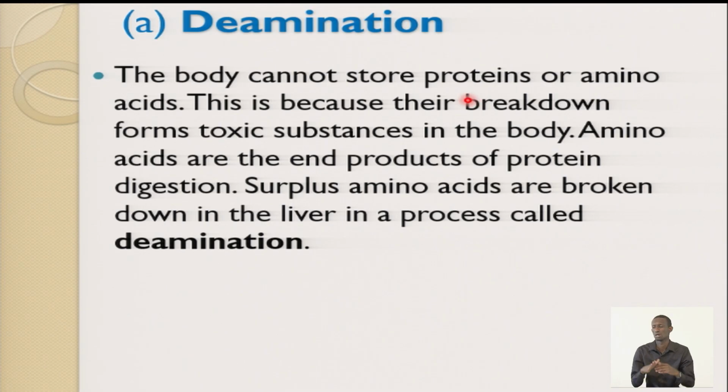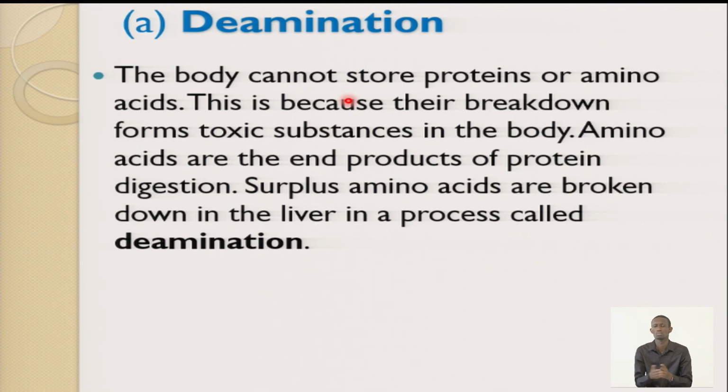So how will the body strike a balance of those excessive amino acids found in our body? Take an example, you have taken a dietary food that contains more proteins, like beans, fish, or eggs. You end up having excessive proteins in our body.